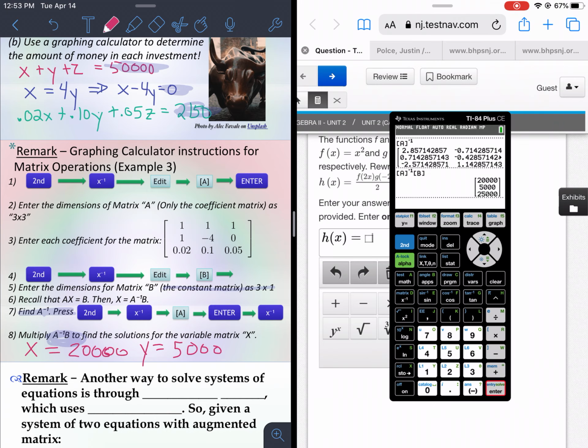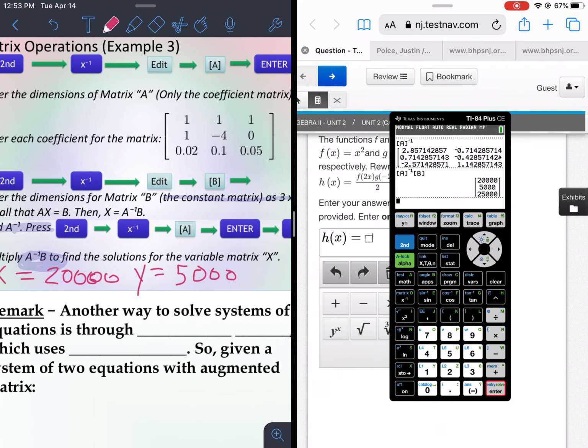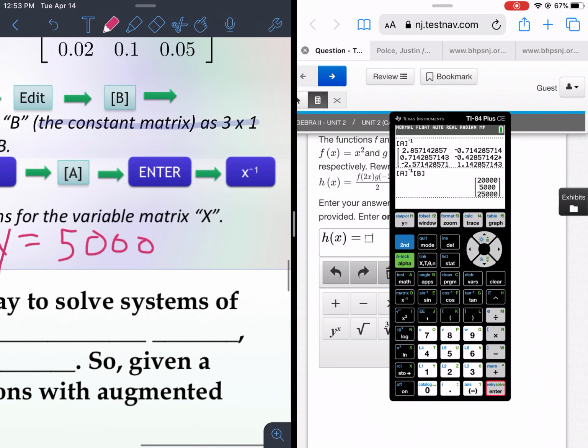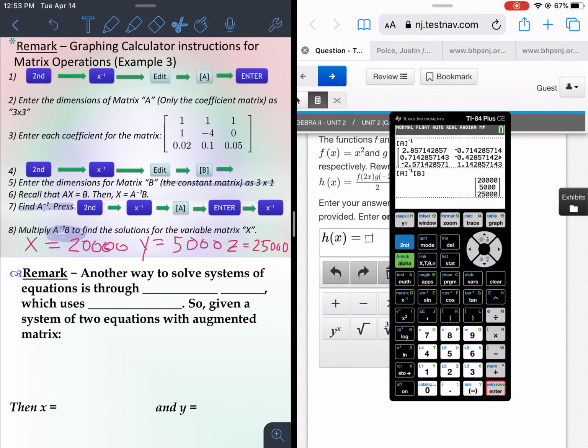And the amount of money in ETFs is whatever's left over. Perfect amount of investments that should be optimized so that it will return us $2,150 every year, and you've got 4 times more money in a much safer asset in bonds than in stocks.